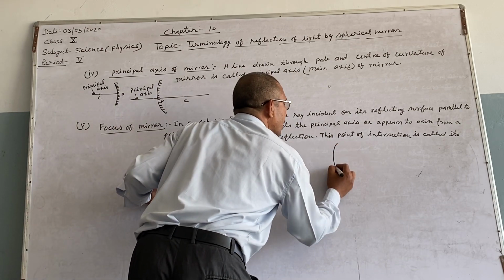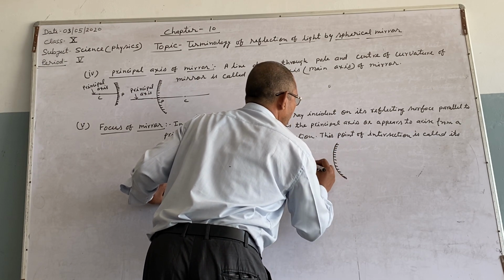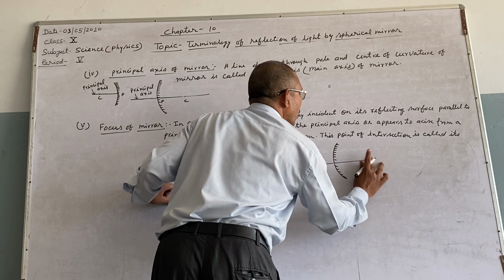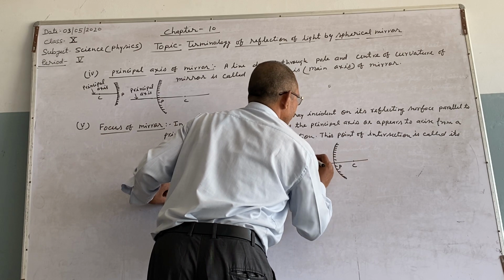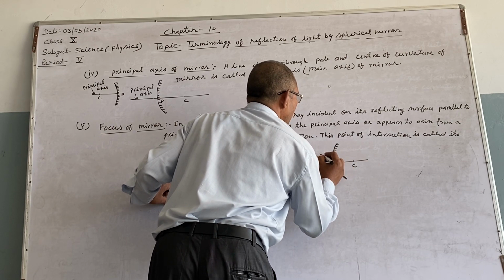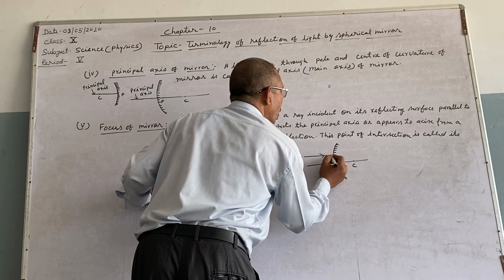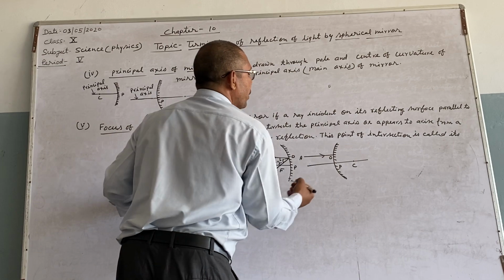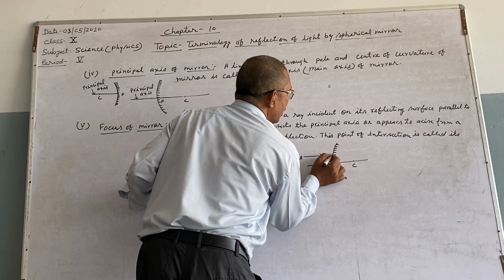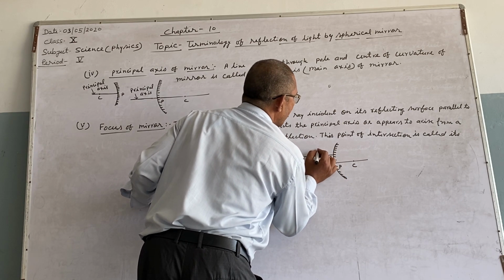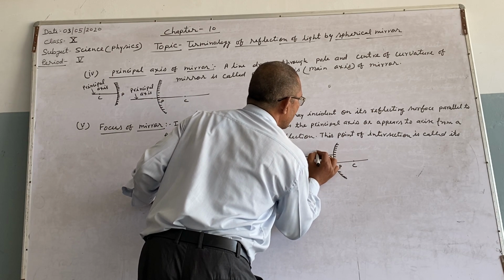Similarly, in case of convex mirror, pole, center of curvature. This line ray AO is parallel to principal axis. This is the principal axis.